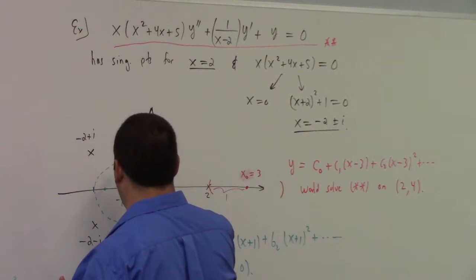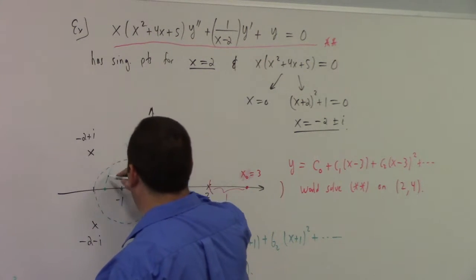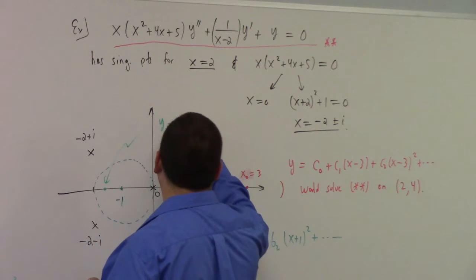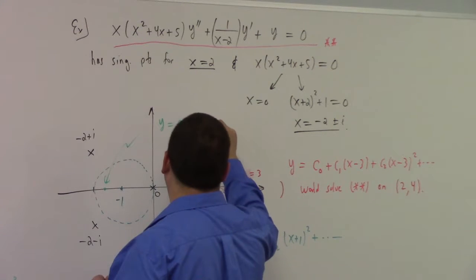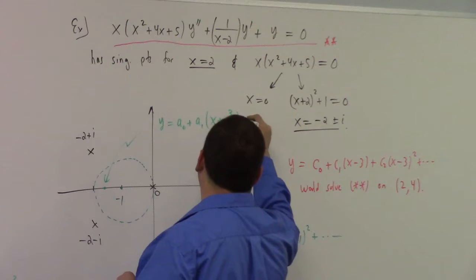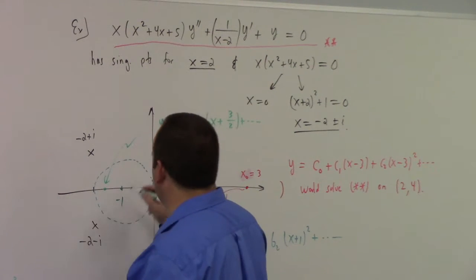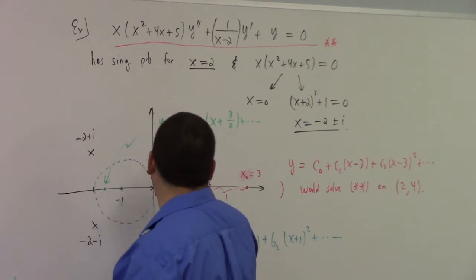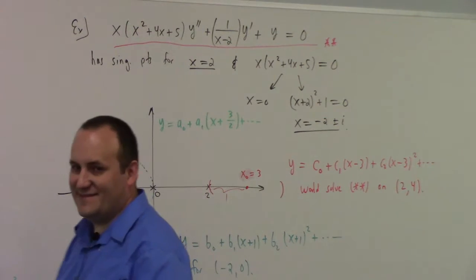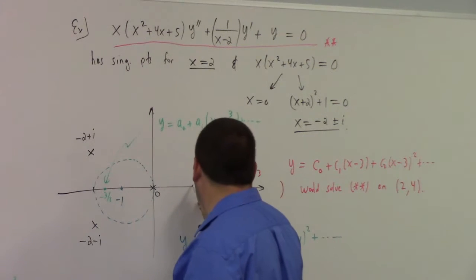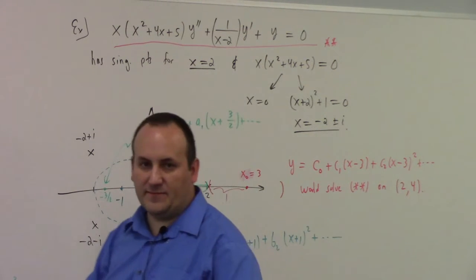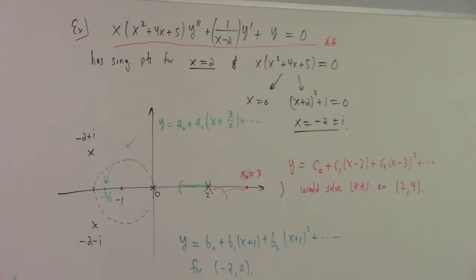How about if we center it at minus 3/2. 3/2 is easy. If you look at 3/2, that would work like this, right? It bumps up against the 2 first, clearly.